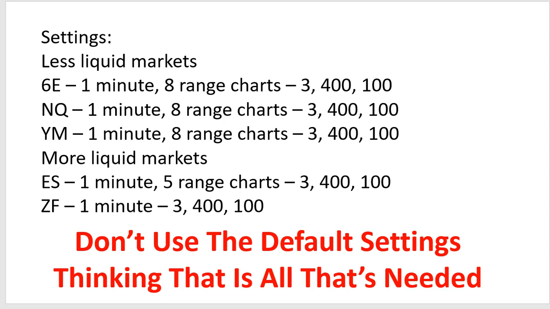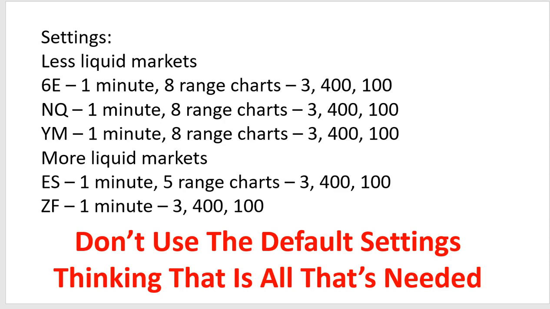So, let's go take a look at the settings. I'm going to go over a bunch of charts again for the month of January. And these settings are actually all the same in this case. It's 3, 400, 100. Now the default settings that come with the software, change them.